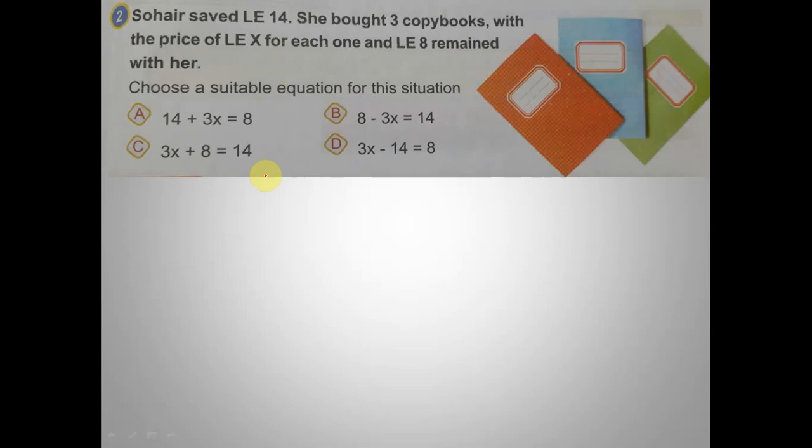Then the relation is 3x, the total price of 3 copybooks, plus the remainder with her, equals all the money with her.